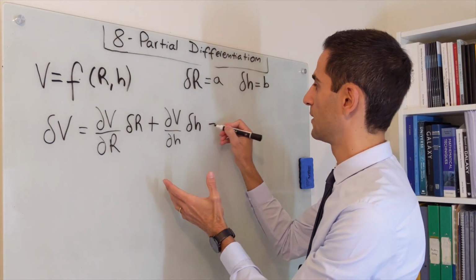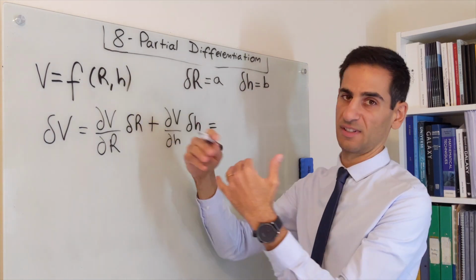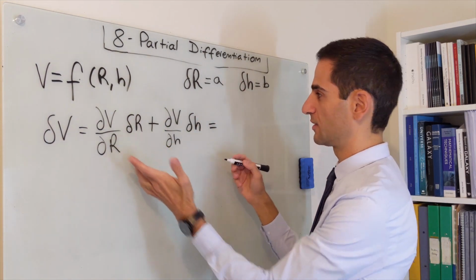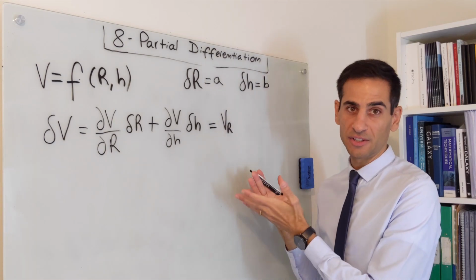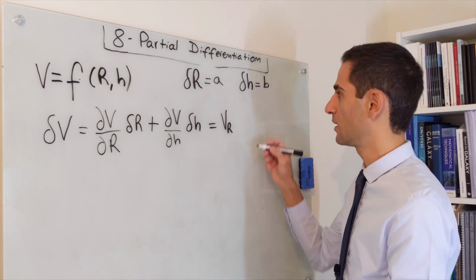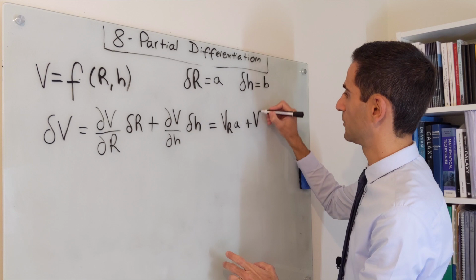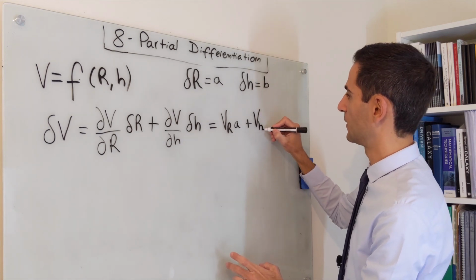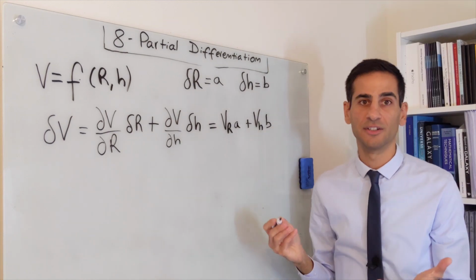Because we know that these are A and B, but this is still for a generic function, we can keep, for example, V_r, if we use the notation that we've been using so far, times A, plus the partial derivative of V with respect to h times B, which is delta h.